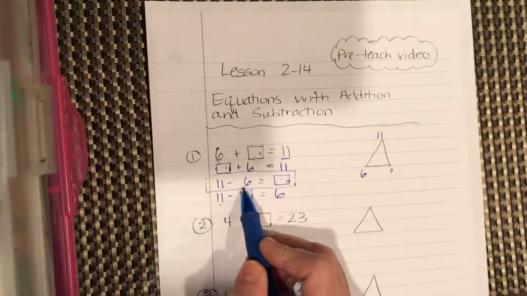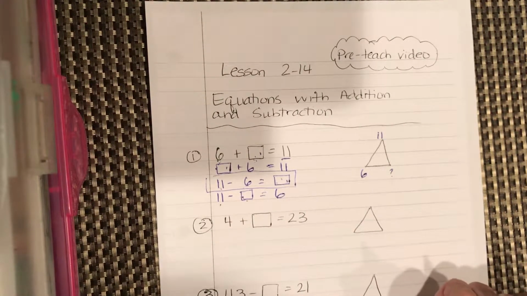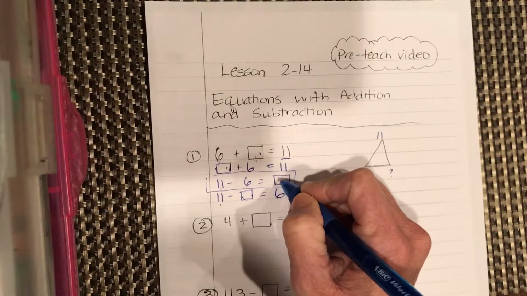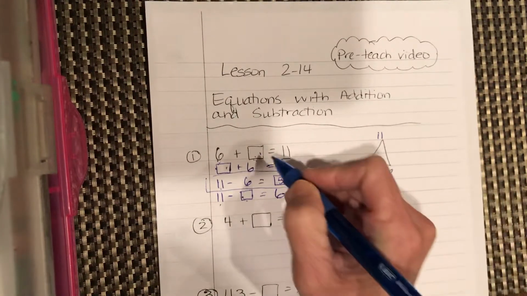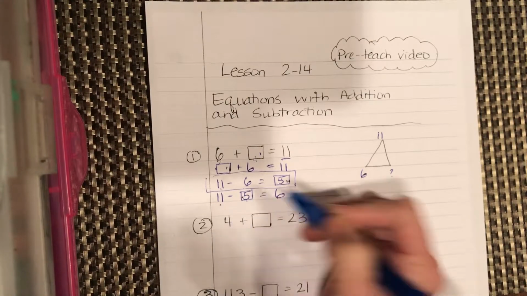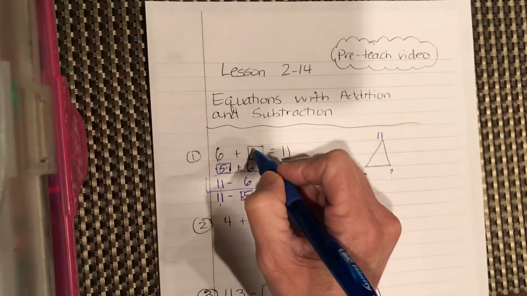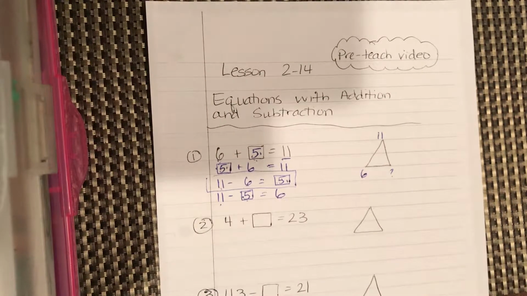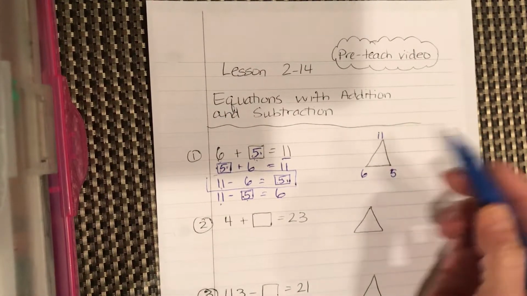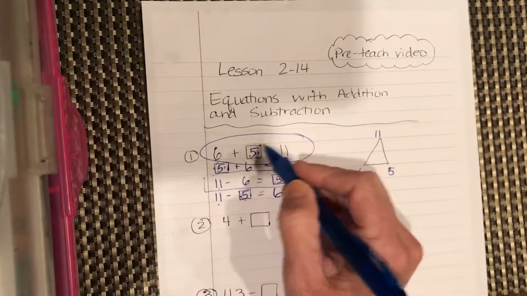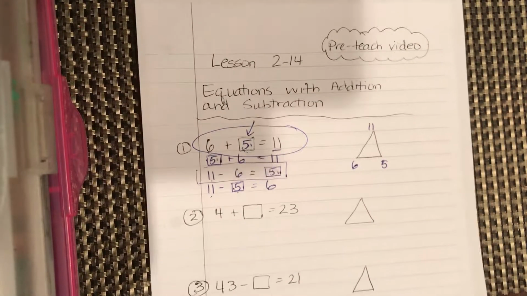So 11 minus 6 equals, drum roll, 5. Okay? Which means that 11 minus 5 equals 6, 5 plus 6 equals 11, and 6 plus 5 equals 11, right? So there is your answer right there, okay?